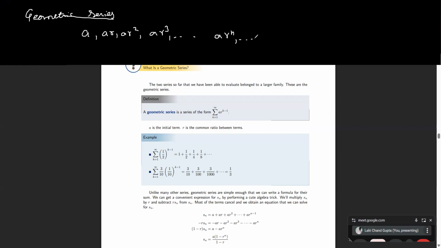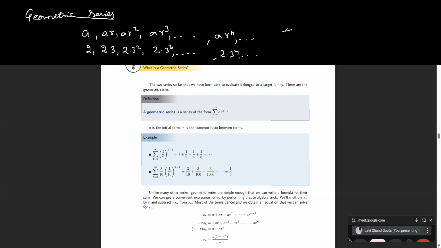General term A raised to R. Okay. For example, 2 is multiplied with 3, then again 3. Okay. So 3 is multiplied in each term. So this is what, geometric series.